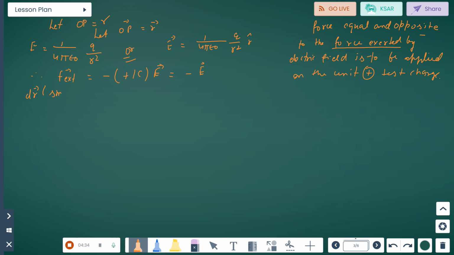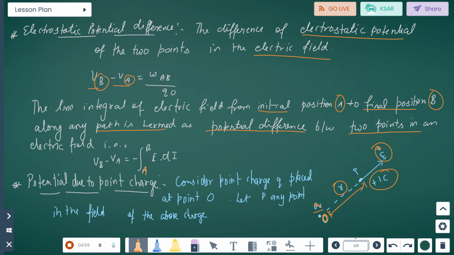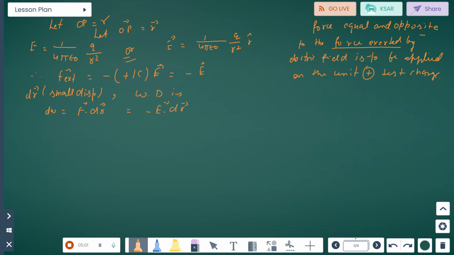for small displacement dr, the work done is dW equals F dot dr. So therefore we have minus E dot dr. Now E is radially outward, as seen in the figure.